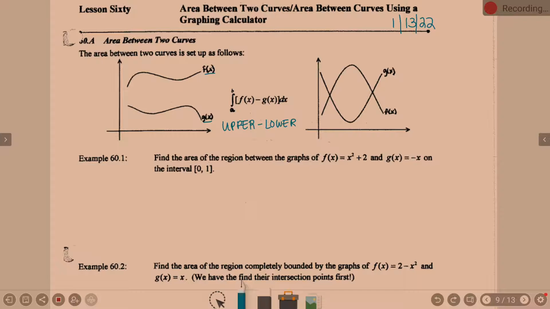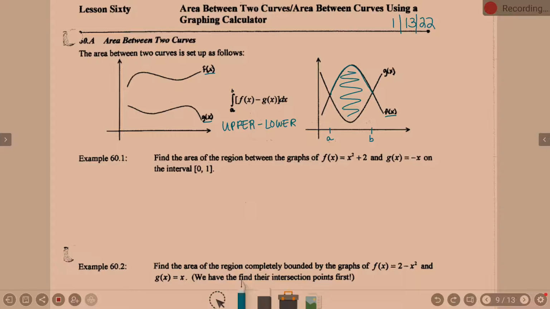If we look at this second diagram, you have to be careful. Notice, where is f of x? It is right here, yes? And it is the upper curve up here. And so if this is my A and this is my B, then we're doing upper curve f of x minus lower curve g of x, and I'm finding the area in between those two curves.